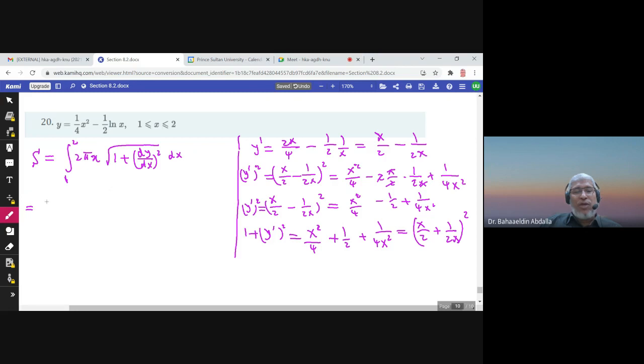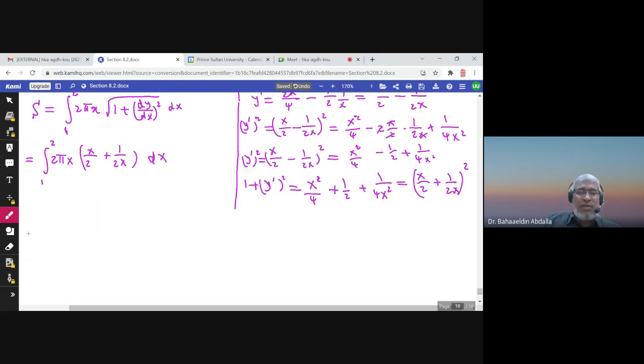So this would be the integral from 1 to 2 of 2 pi x, and square root of this, of 1 plus y prime squared. The square root will cancel the square, and we will have x/2 plus 1/(2x), dx, and the integral is easy.